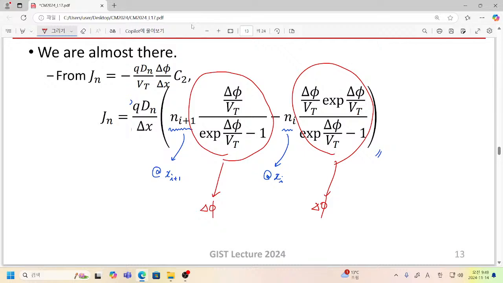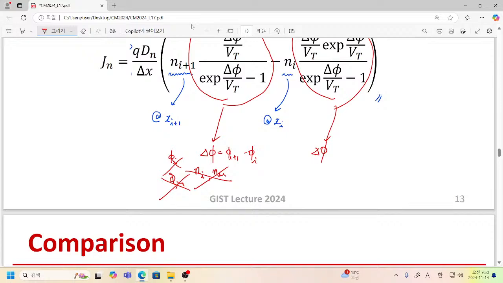There is no further complication like dependence on n sub i or n sub i plus 1 or the specific value of phi i or phi i plus 1. No, only the difference between phi i plus 1 and phi i is involved. Of course here we have something exponential, but anyway, this is a sole function of delta phi.